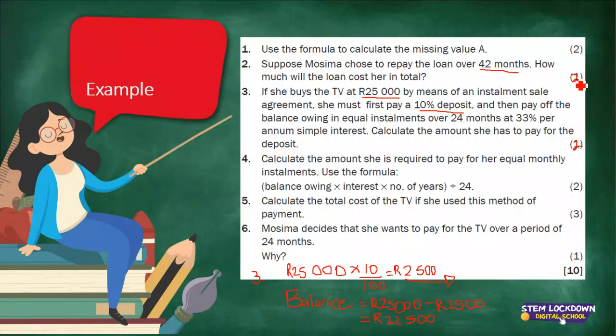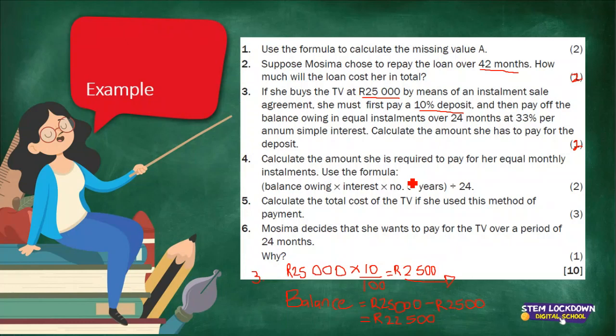Next question. It says, calculate the amount she is required to pay for her equal monthly installments, right? Here, lucky for us, they've given us a formula.